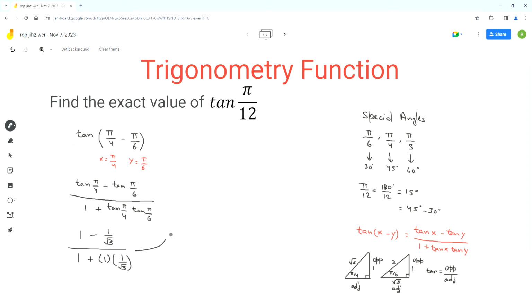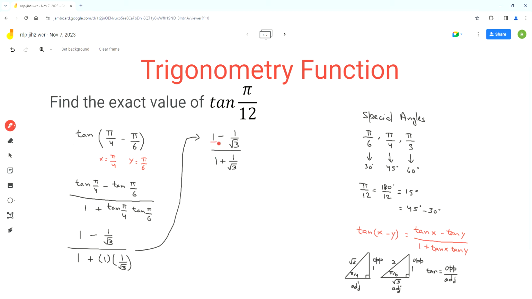So we get 1 minus 1 over square root 3 over 1 plus 1 times 1 over square root 3, which is also just 1 over square root of 3. Now we can simplify the expressions in the numerator and the denominator. In the numerator, we have to find a common denominator.